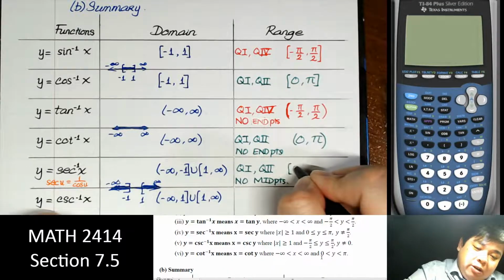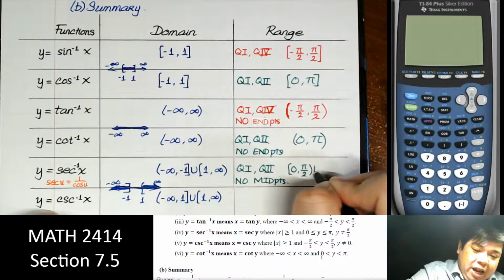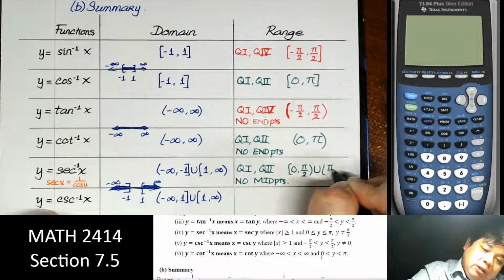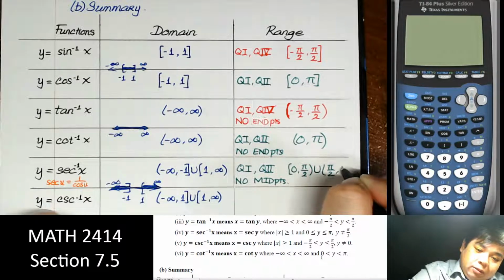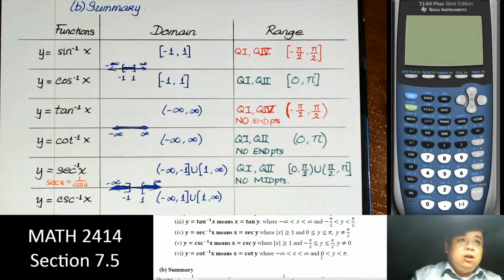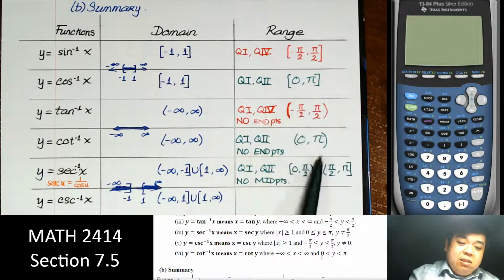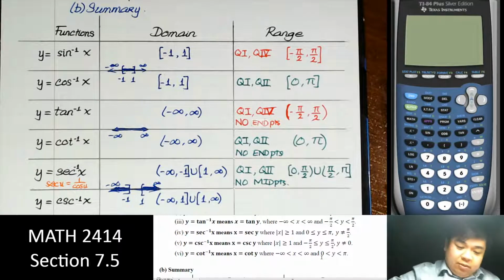We go from 0 to pi over 2, excluding the pi over 2, just like this, except no point in the middle.